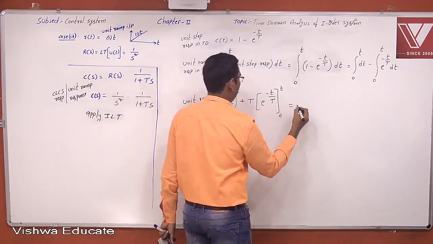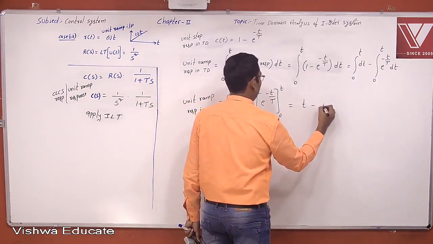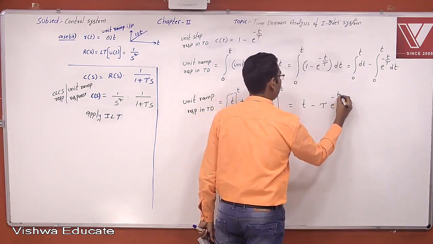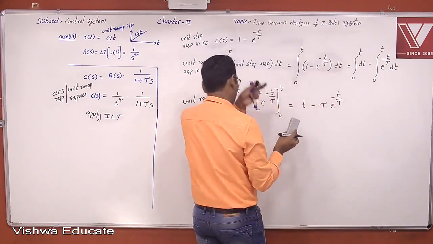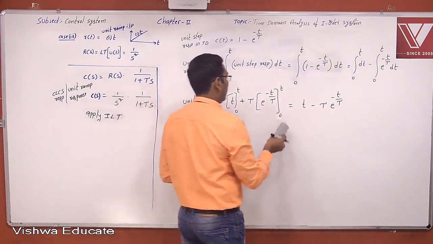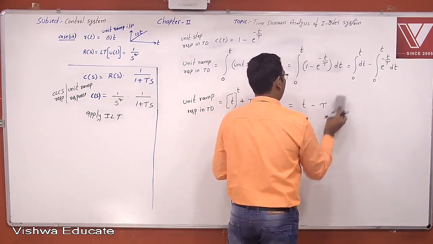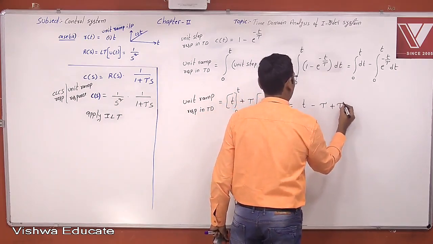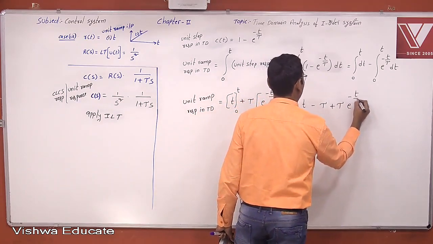Therefore, finally, this is t minus tau into e power minus t by tau, upper limit e power t, lower limit e power 0. Therefore, it is t minus tau plus tau into e power minus t by tau.